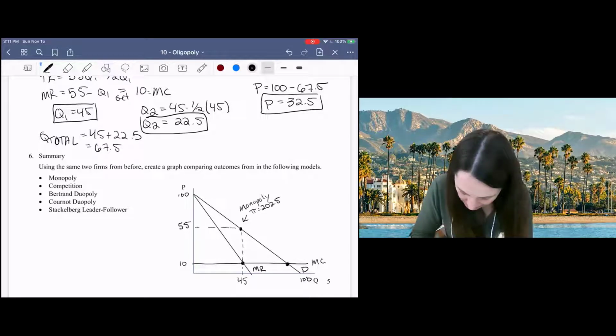Then down here we have Bertrand, profit equals 0.